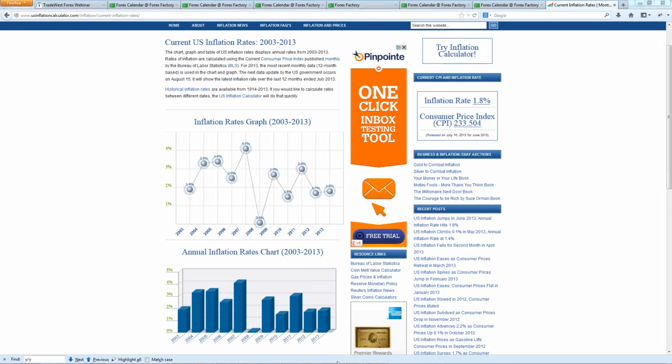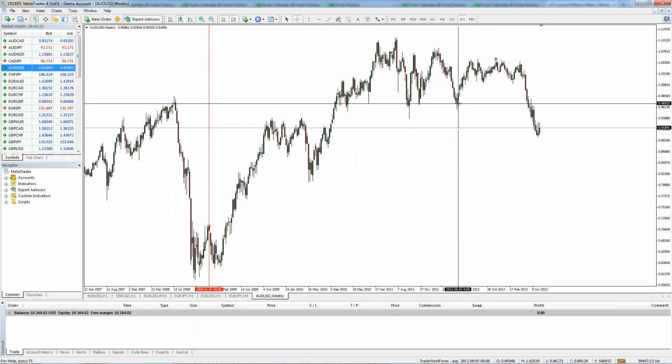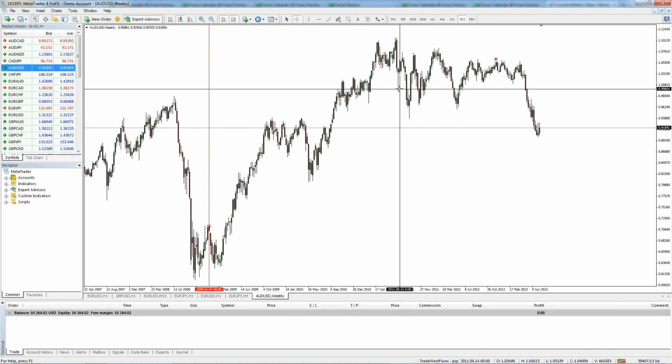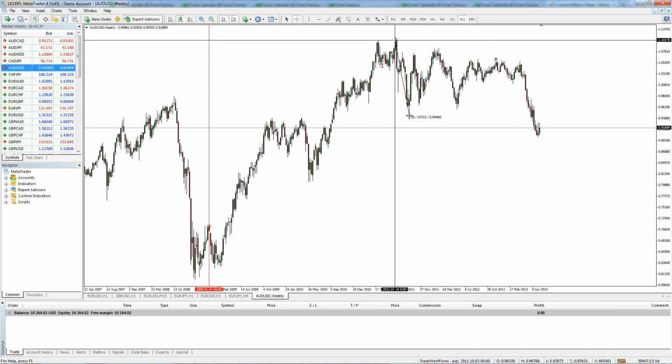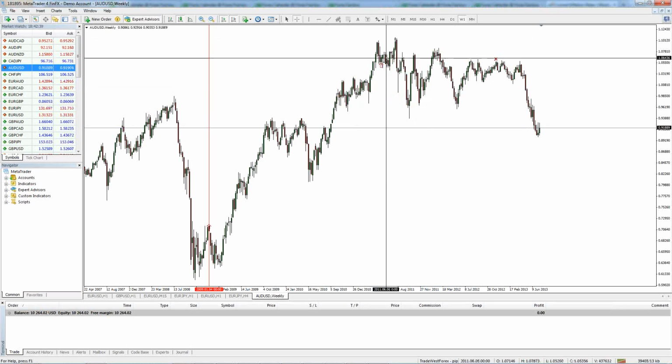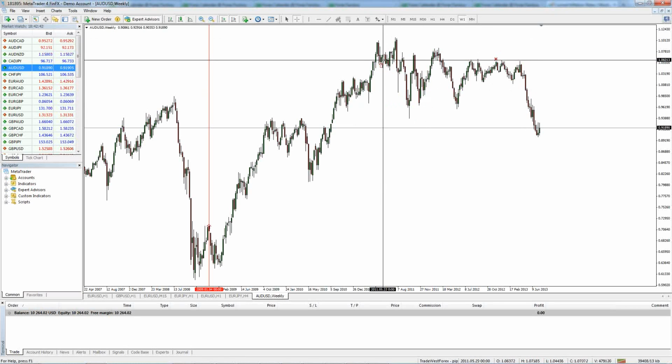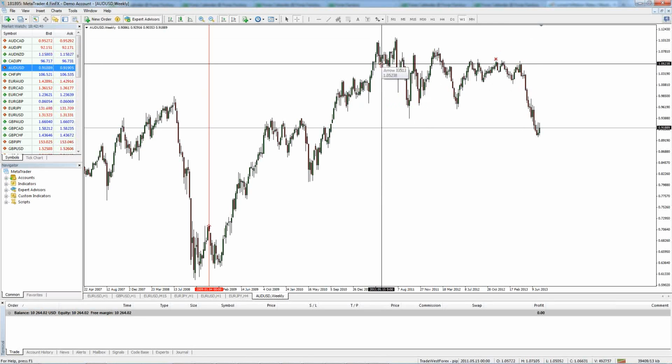So in 2009 and 2010, and 2011 especially, we were pretty high on inflation for the dollar. So if we went back to our charts and looked at 2011 for the Australia dollar, you will see here that that is when there was all that volatility and the market was falling. So if you were here trying to decide in 2011 whether to buy Australia dollar, you would probably not want to do it because the dollar had a high inflation rate.